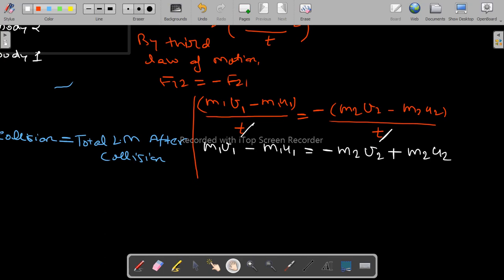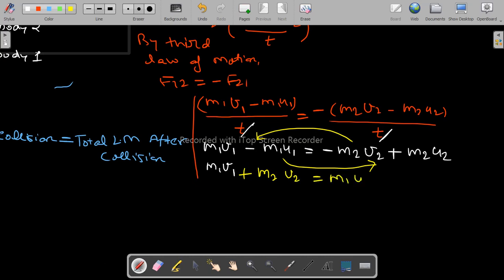This is m1 v1, so keep it here, and this m2 v2 term, bring toward this side, and this m1 u1 term toward that side. So m1 u1 will become positive here, this will become m2 v2, and this will become m2 u2, okay?